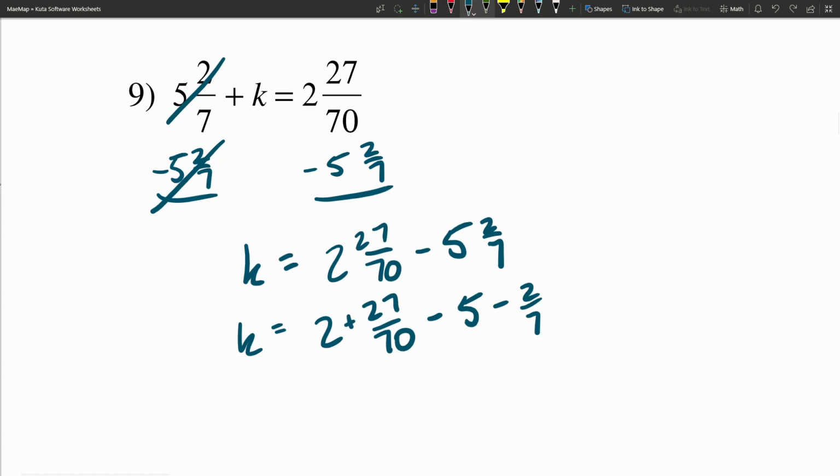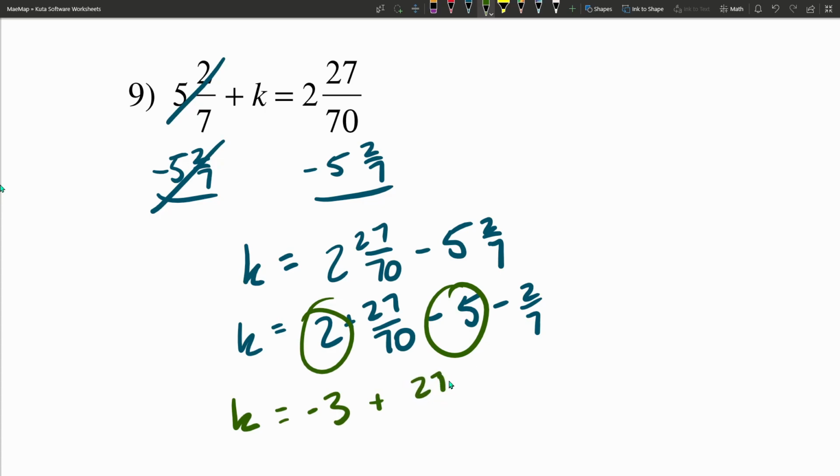So let's start by working with our whole numbers. 2 minus 5 is going to be a -3. So I'm going to have -3, and I'm going to still have plus 27/70 minus 2/7. But the easiest way to rewrite 2/7 is, look, 70, 7 goes into that evenly 10 times. So I'm going to multiply both my numerator and my denominator of my 2/7 by 10. 2 times 10 is 20, and 7 times 10 is 70.